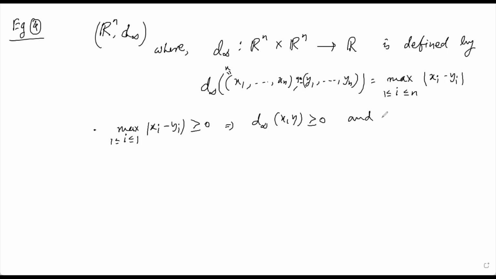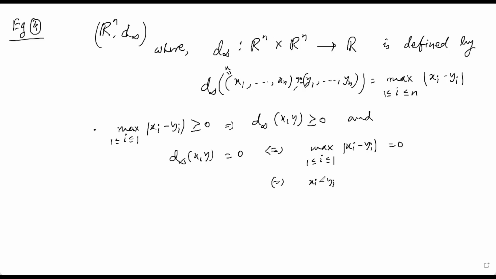And equality holds, d infinity of x comma y is equal to 0 if and only if the max of the absolute value of xi minus yi over i lies between 1 and n is equal to 0, and this is if and only if the absolute value of xi minus yi is 0.